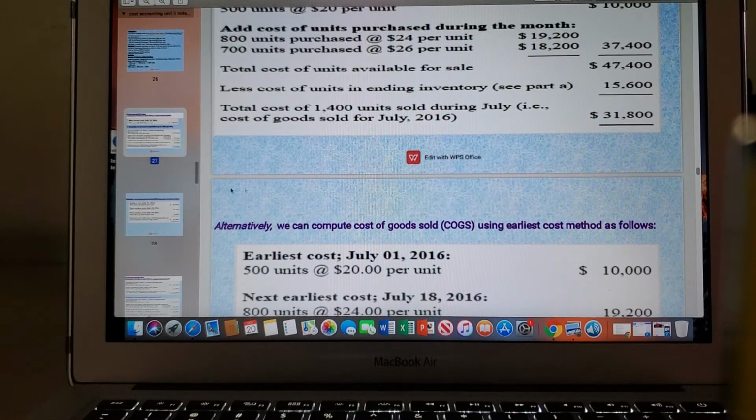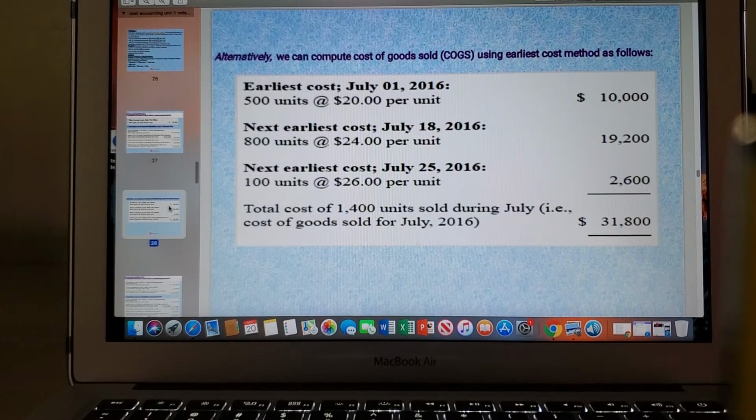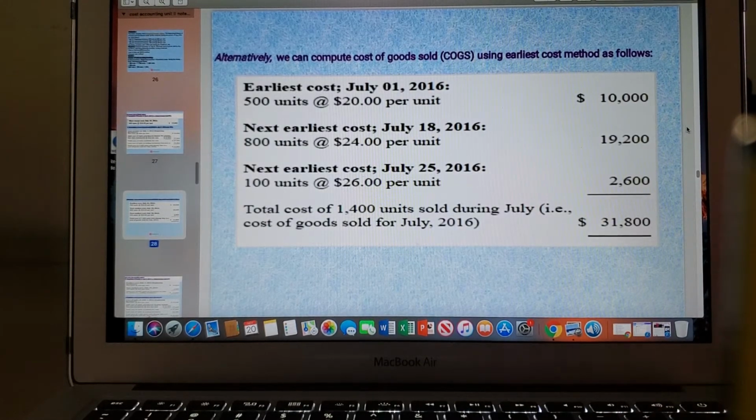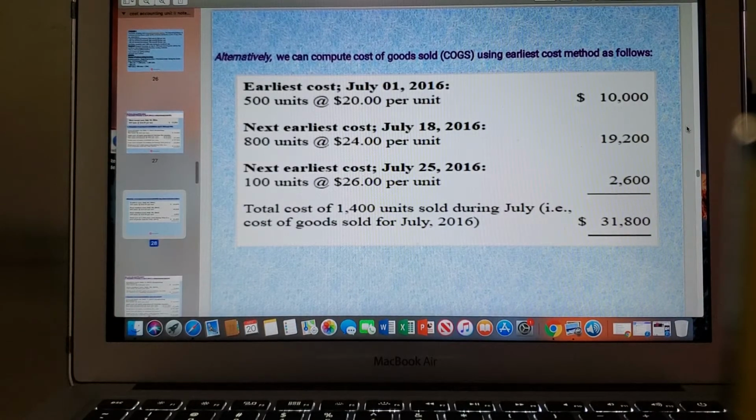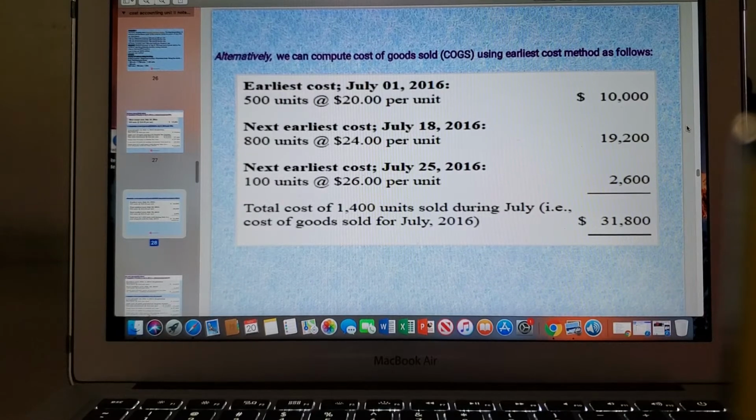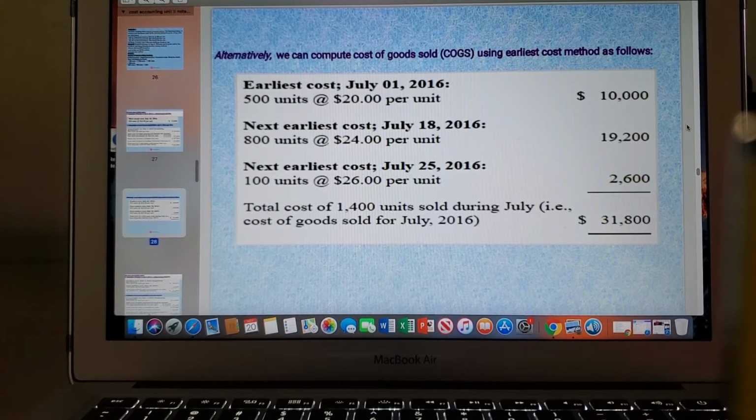Now alternatively, we can compute cost of goods sold, COGS, using earliest cost method as follows. Earliest cost, July 1, 2016, 500 units at $20 per unit works to $10,000.